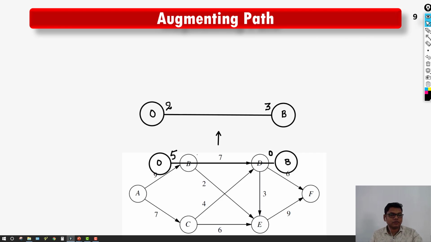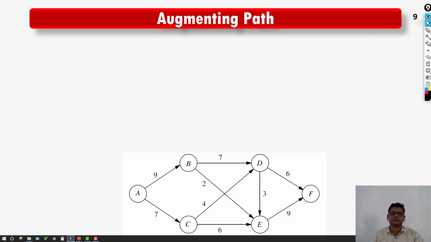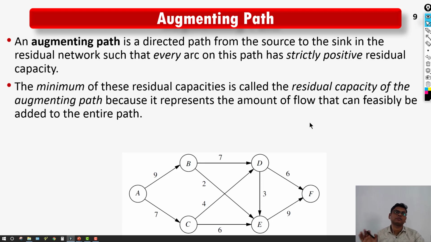So let's move to augmenting path. What is an augmenting path? An augmenting path is one path from the entry point to the exit point.